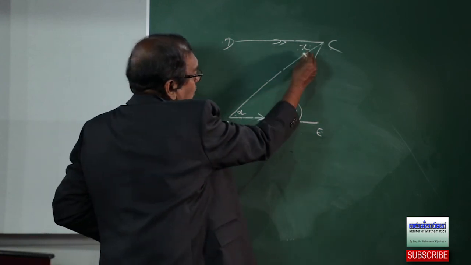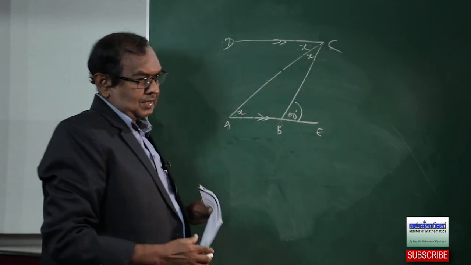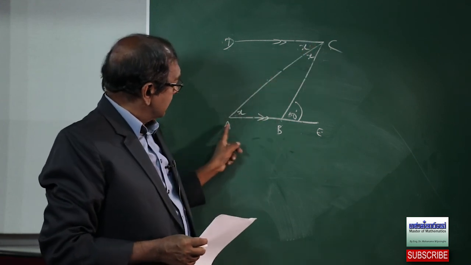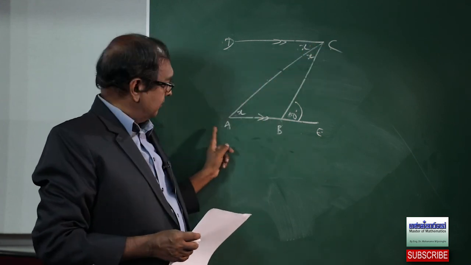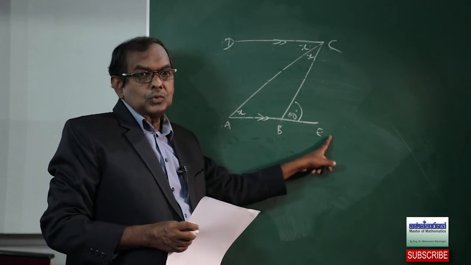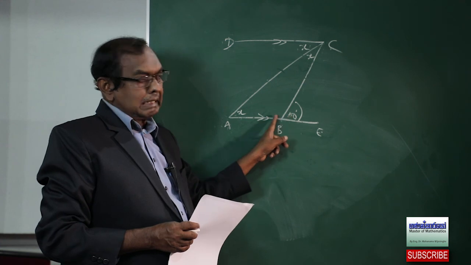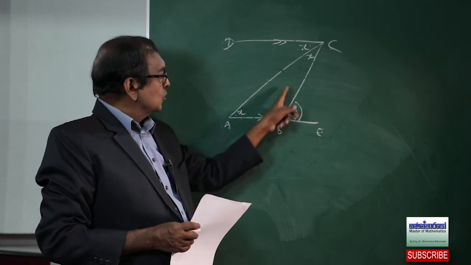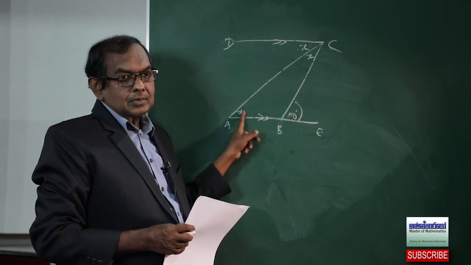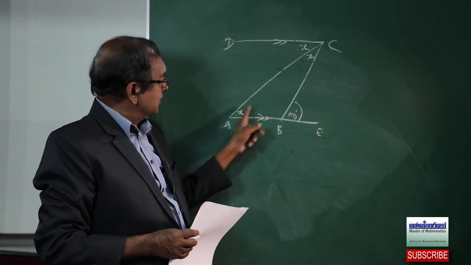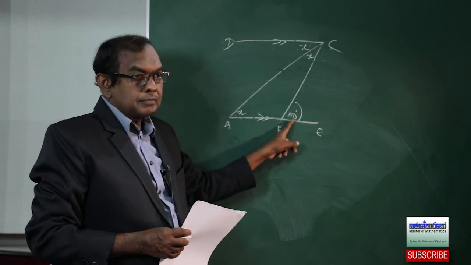Therefore, this should be x. Now you can easily find the value. When we consider triangle ABC, we have produced AB to E, then the external angle is equal to the addition of the two internal opposite angles. Therefore, this x plus this x equals 50.